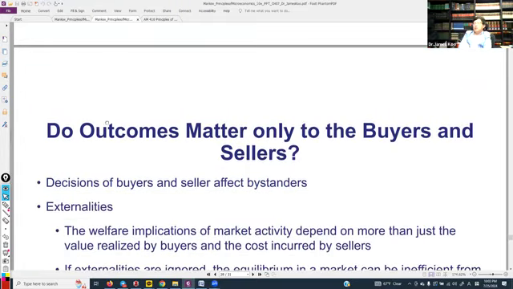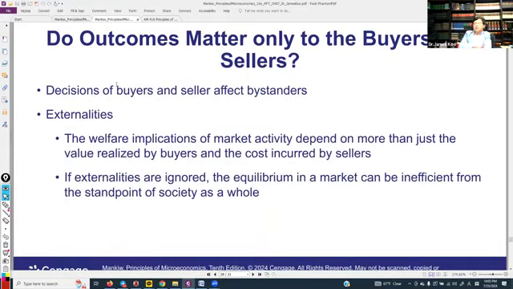Outcomes matter only to buyers and sellers. But decisions by buyers and sellers can affect others, sometimes through externalities. In my case, I'm usually a real estate broker, also in management for apartments and other facilities in the housing market.